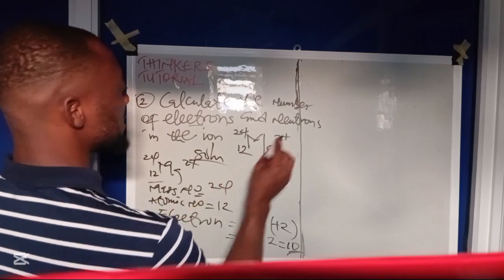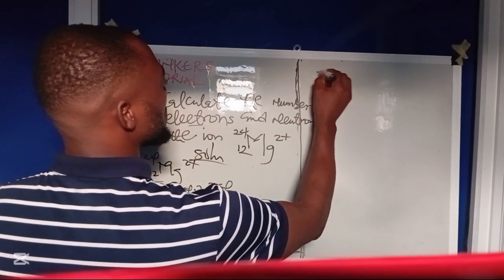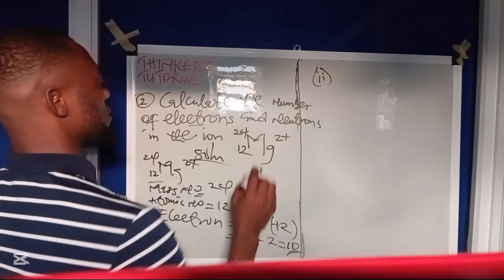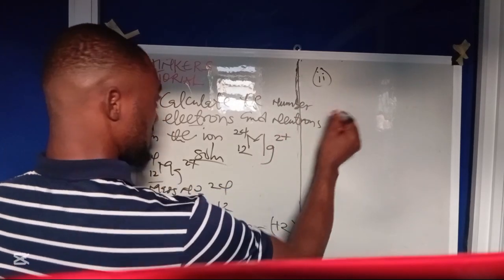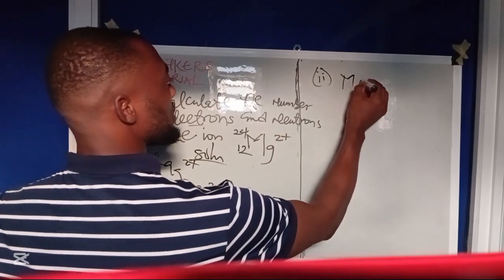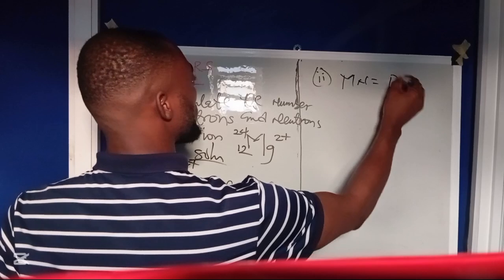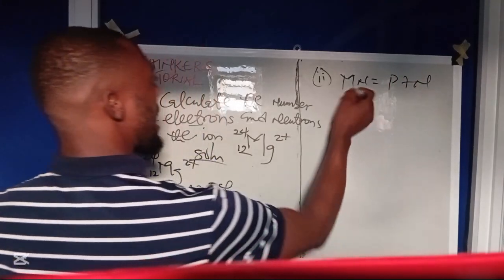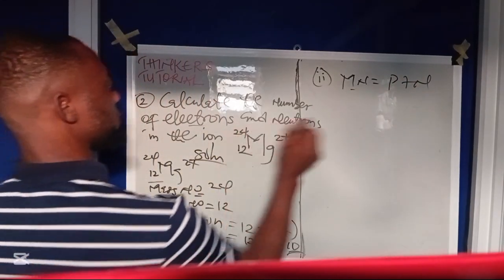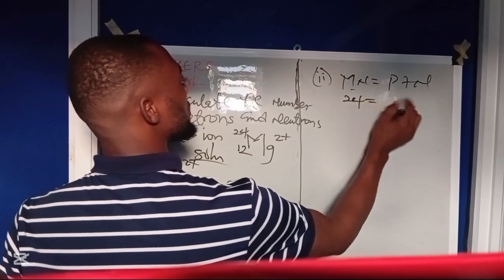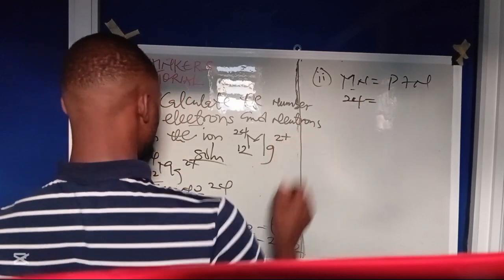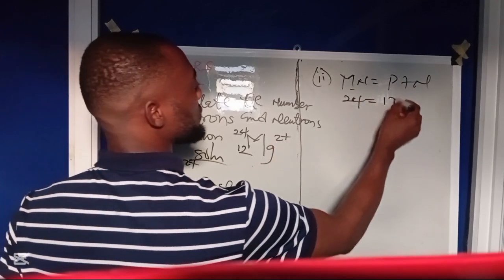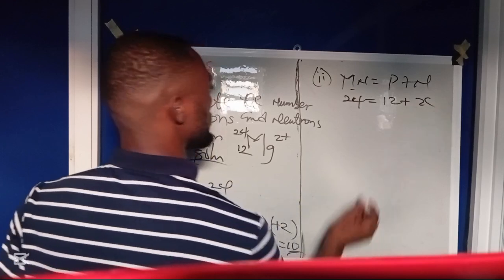Then I say we should get the number of neutrons. The mass number is equal to proton plus neutron. Our mass number here is 24, which is equal to our proton number, which is the atomic number, 12, plus neutron, which is unknown.